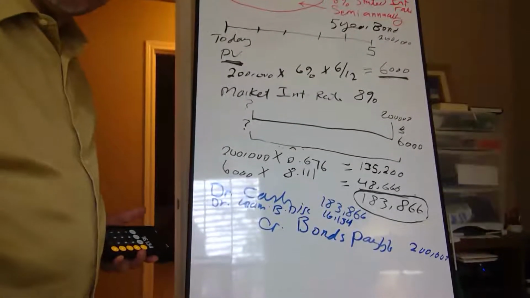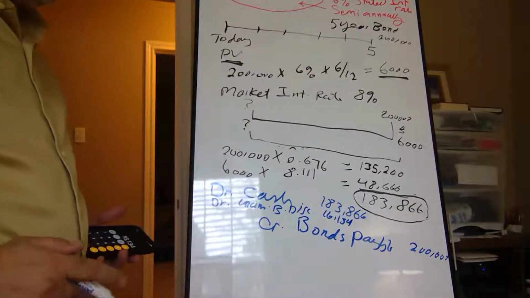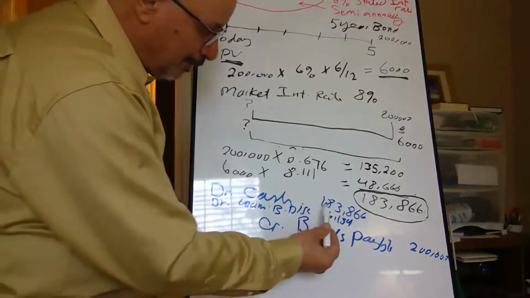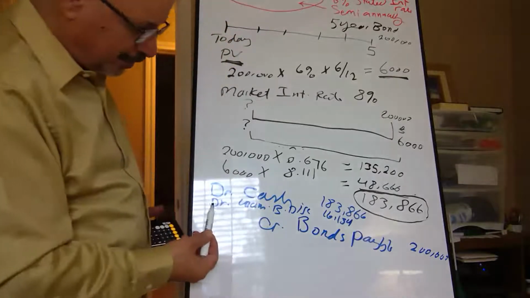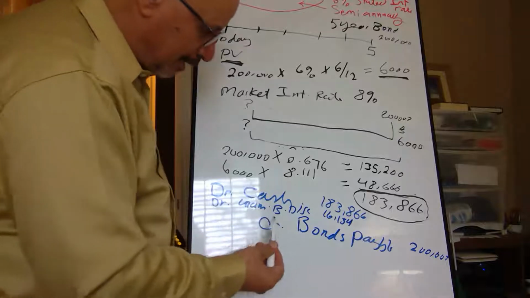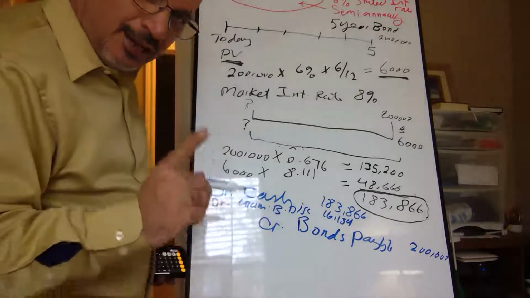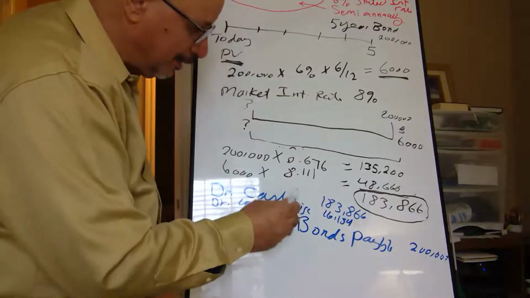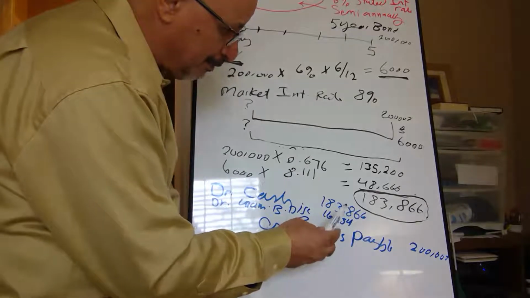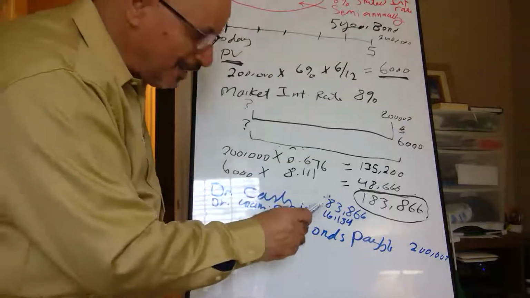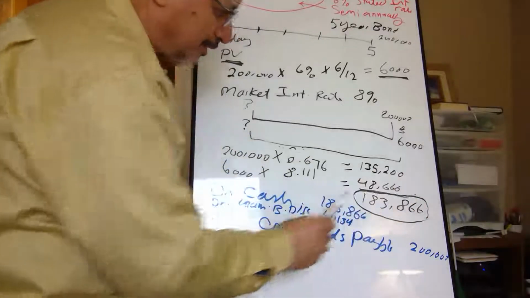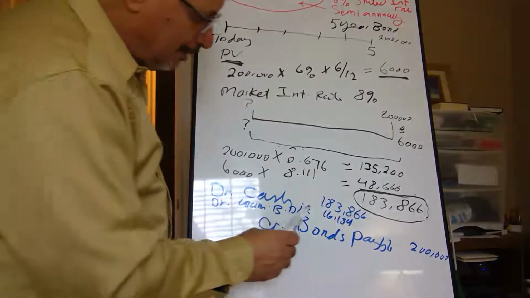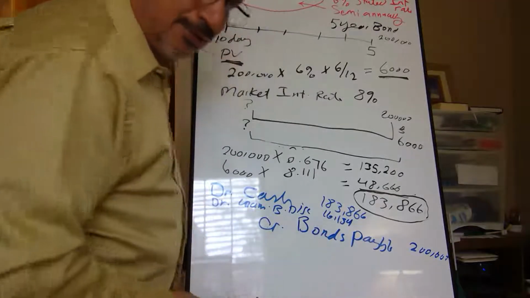Okay, I think you can see that better. You debit cash 183,866. You also debit unamortized bond discount for the difference between the issue price 183,866 and the face value $200,000, which is 16,134.